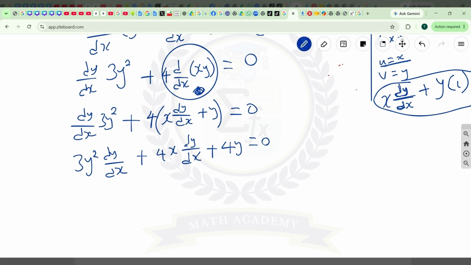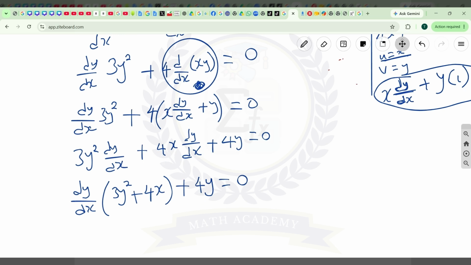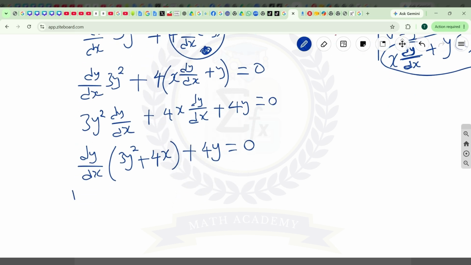Now I'm going to factorize. So this is going to be dy/dx times (3y squared plus 4x) plus 4y is equal to 0. So dy/dx times (3y squared plus 4x) is equal to negative 4y.